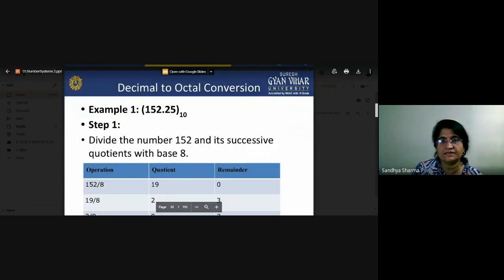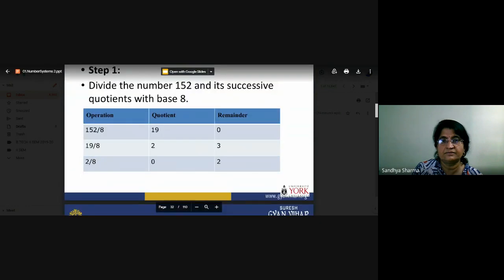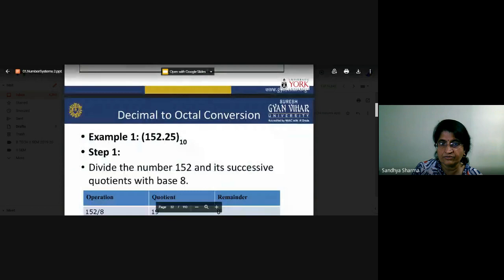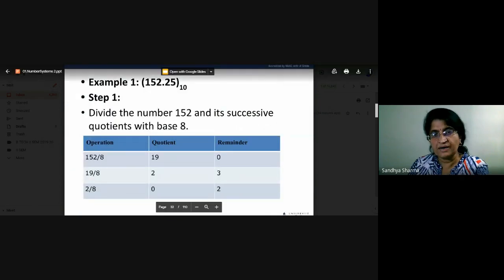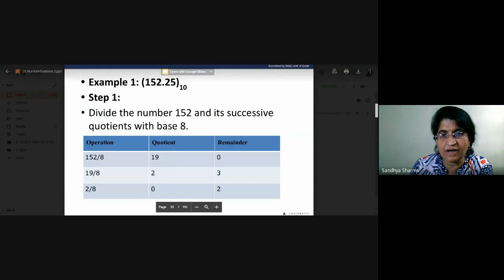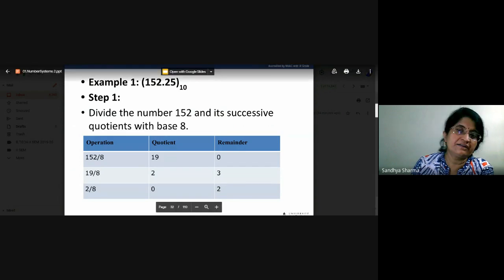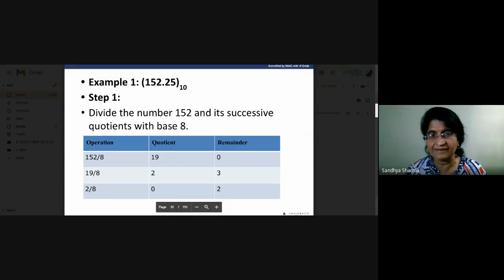Decimal to octal conversion. This is a decimal number. First of all, you have to take the 152 integer part. The integer part will be converted first. You get a quotient, and this is the remainder, and the desired property is our remainder. Now what will happen?